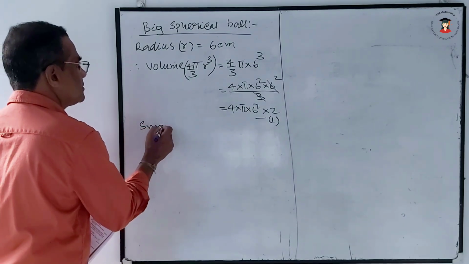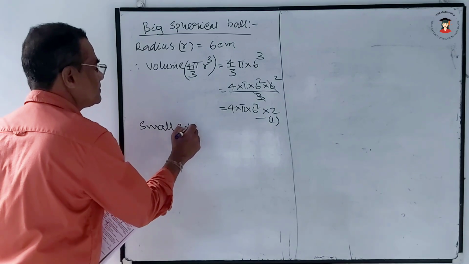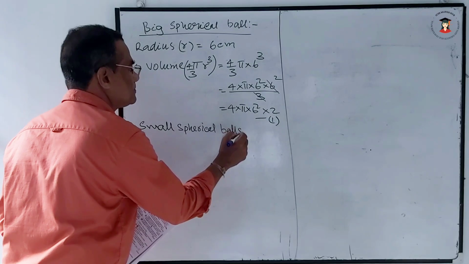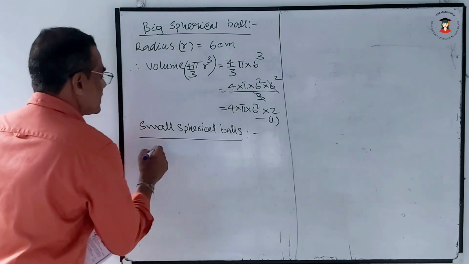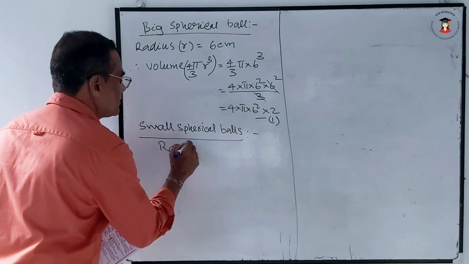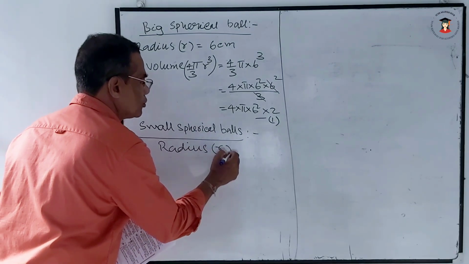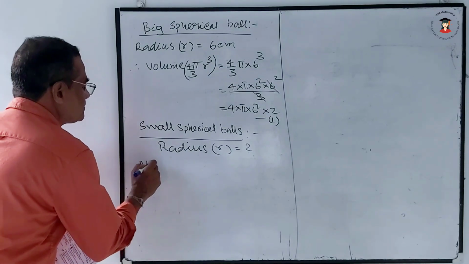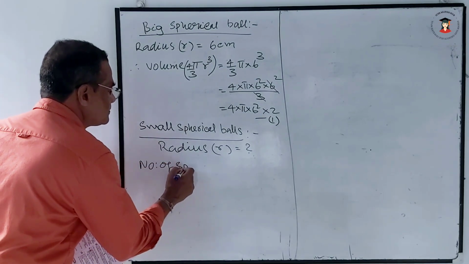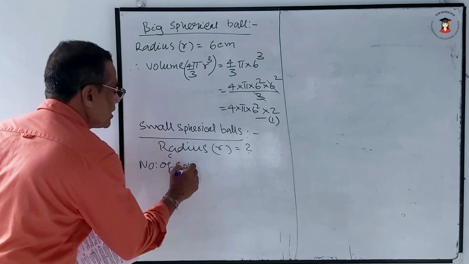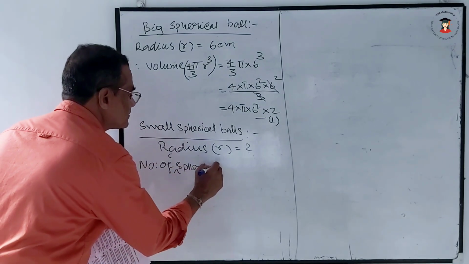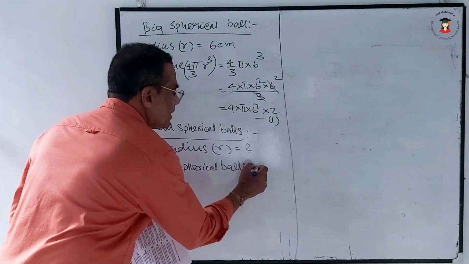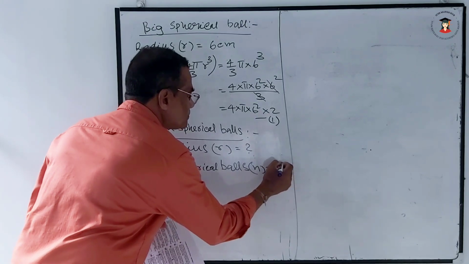Small spherical balls. Radius, that we do not know. Number of small spherical balls n equal to 64.